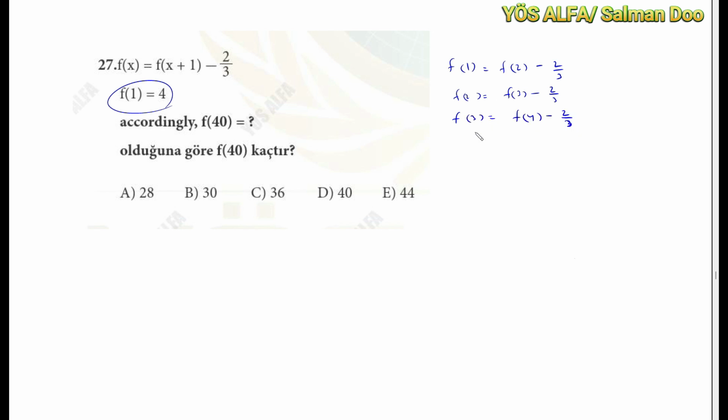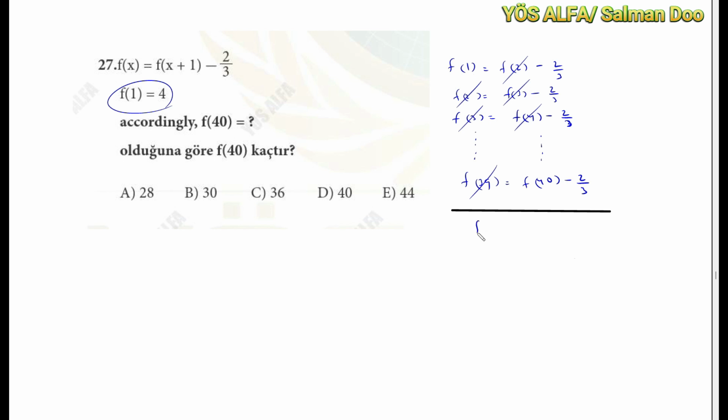If you keep on going like this up until f of 39, we'll have f of 40 minus 2 over 3. So now I'm going to sum up everything from here up until f of 39. So this and that cancel out each other. So we have these things all cancel out each other.